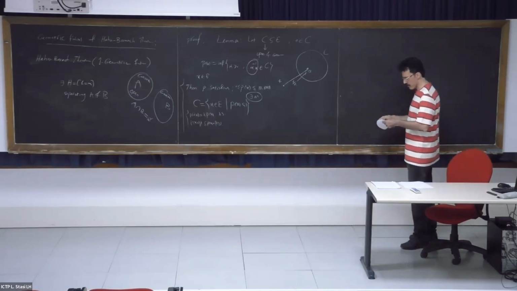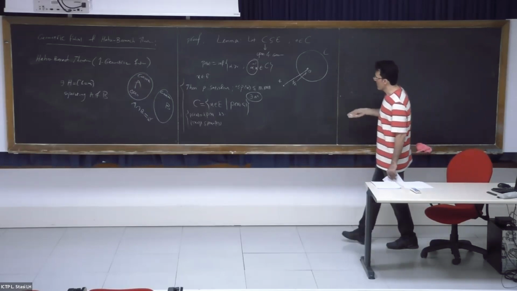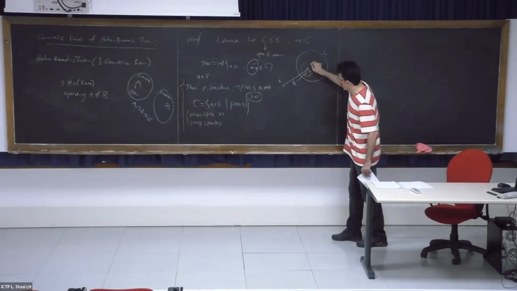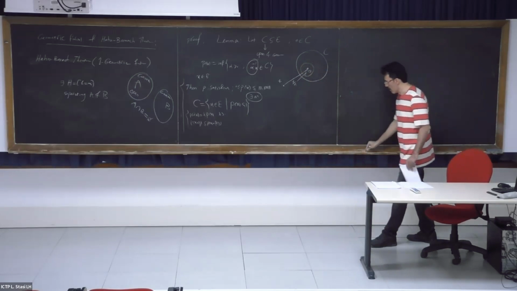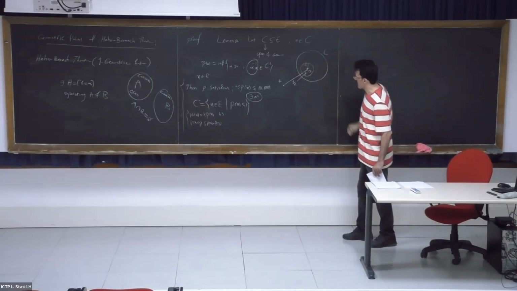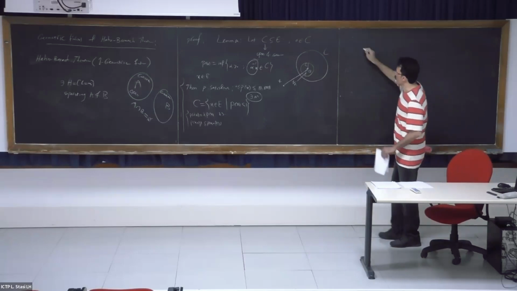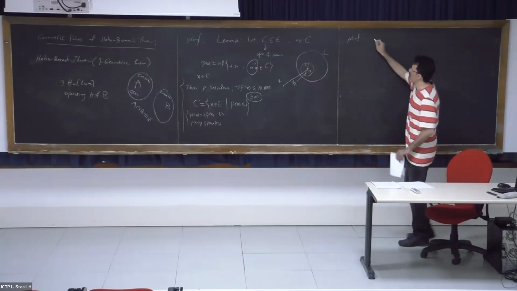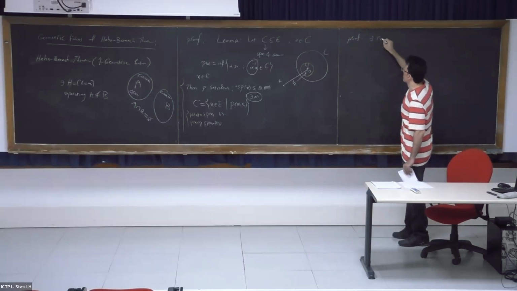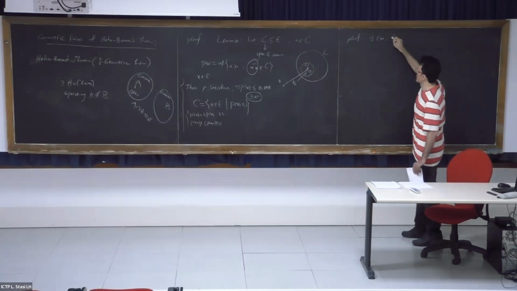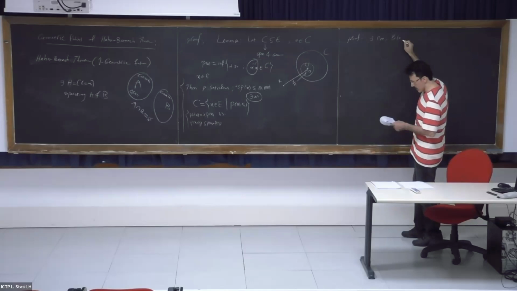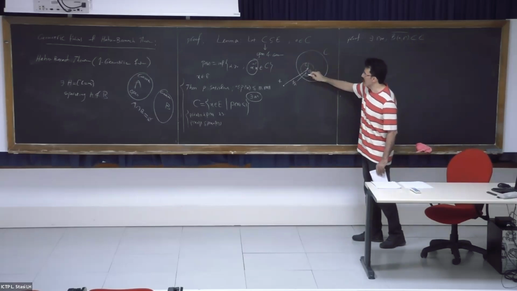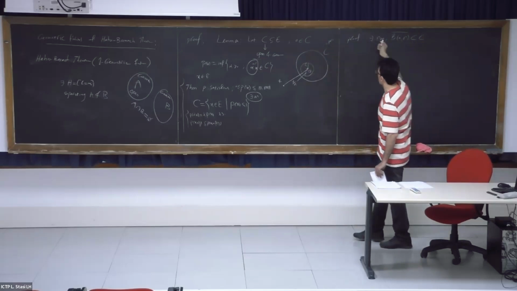The first one is easy because we may consider a neighborhood, or a ball with radius r, and there exists a positive r with the property that the ball B of 0 and r is a subset of C because C is open.